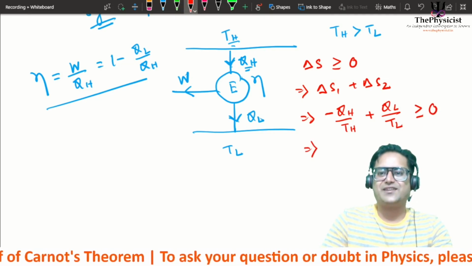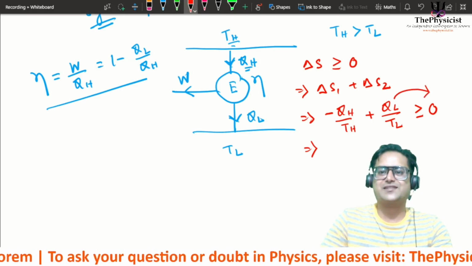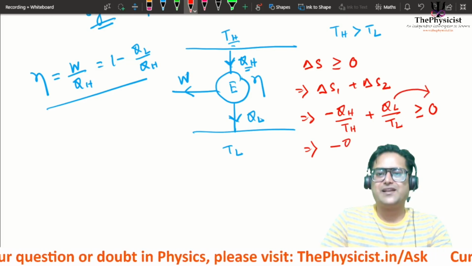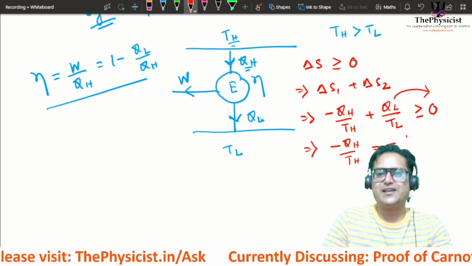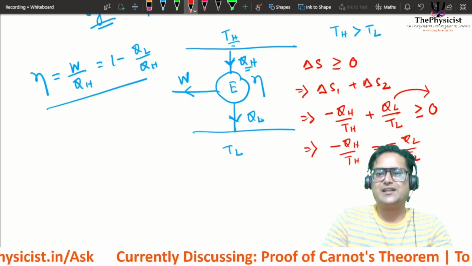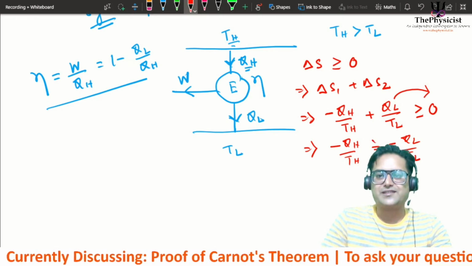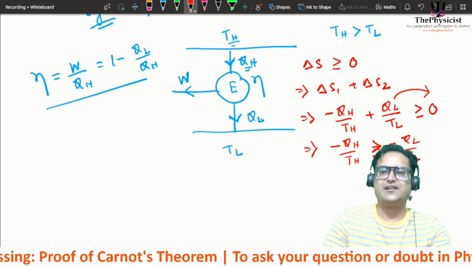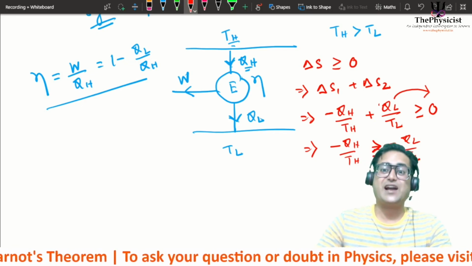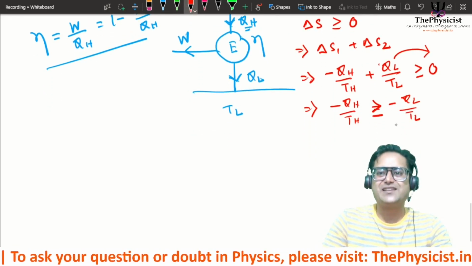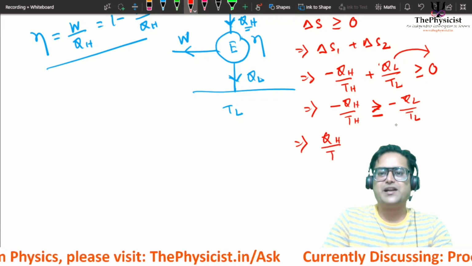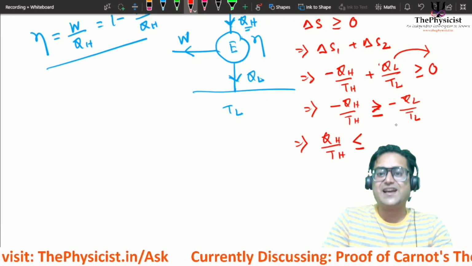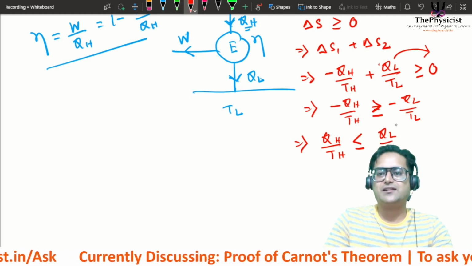Hence, if you take this one to the other side, it's going to be minus QH by TH is greater than or equal to minus QL by TL, right? Oh, sorry, it's a greater than or equal to symbol here. So basically, I'm taking it to the other side. Now, if I want to change the signs, QH by TH will be less than or equal to QL by TL.